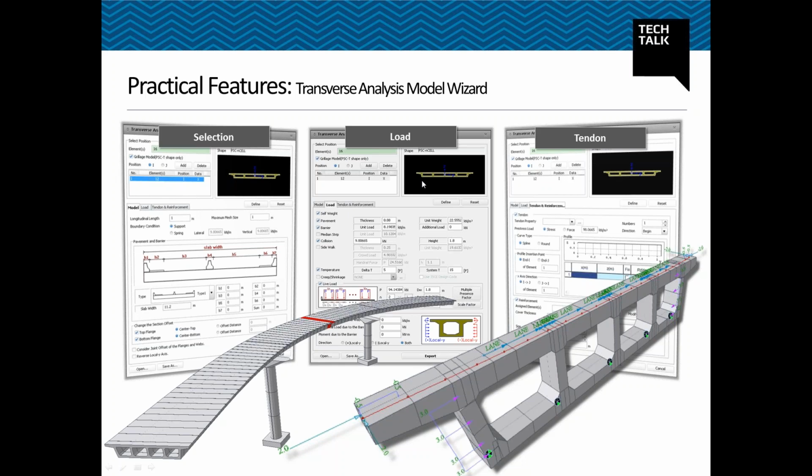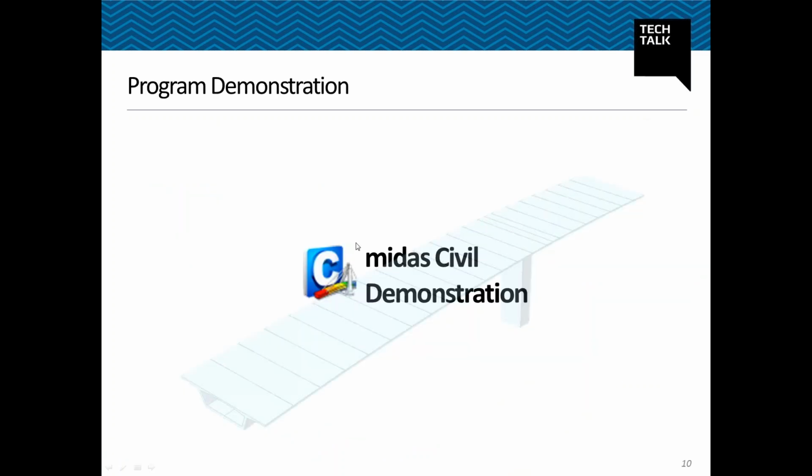The program will then generate a separate model file in order to consider the member force distribution according to the load distribution in the transverse direction as well. So I will quickly show you how to model this using the manual method.